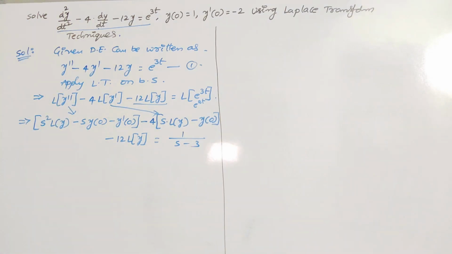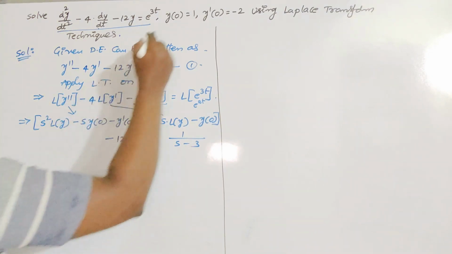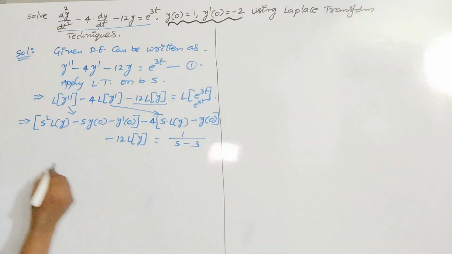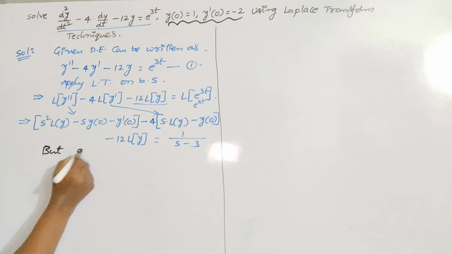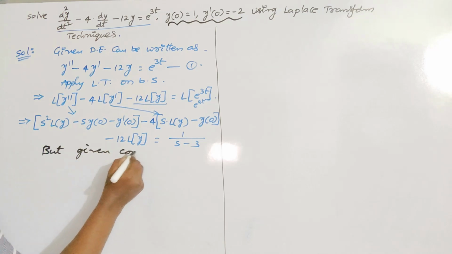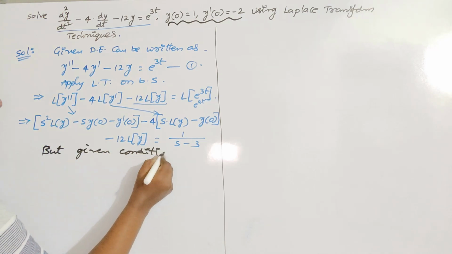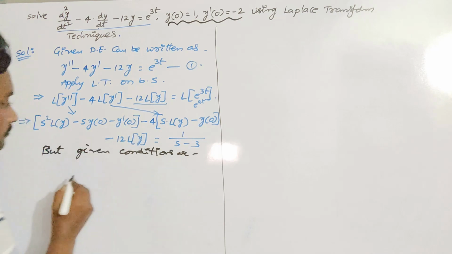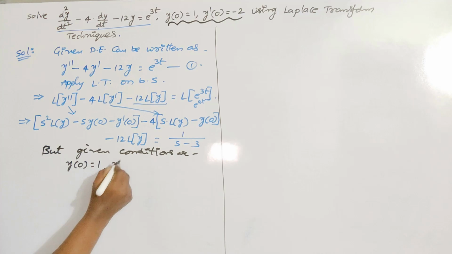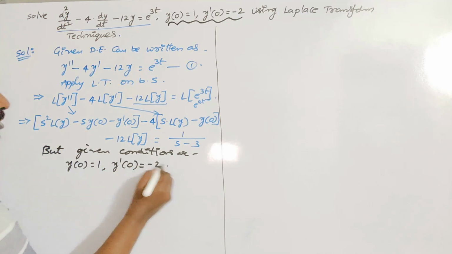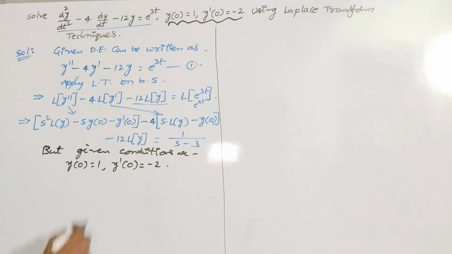Now we have to apply the conditions from the statement of the problem. The given conditions are y of 0 is equal to 1, y dash of 0 is equal to minus 2, and don't forget one more important point.